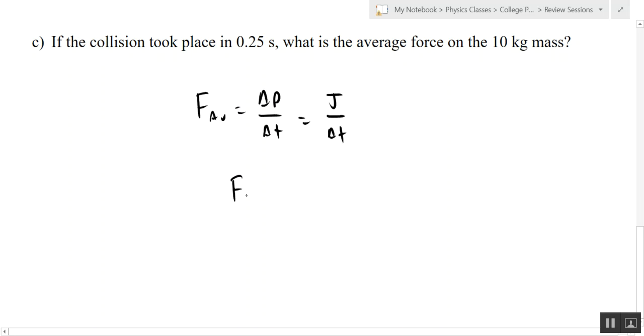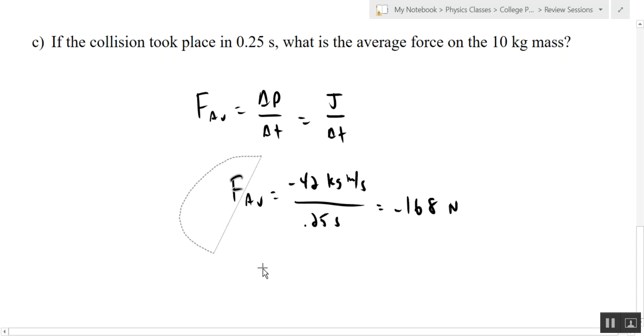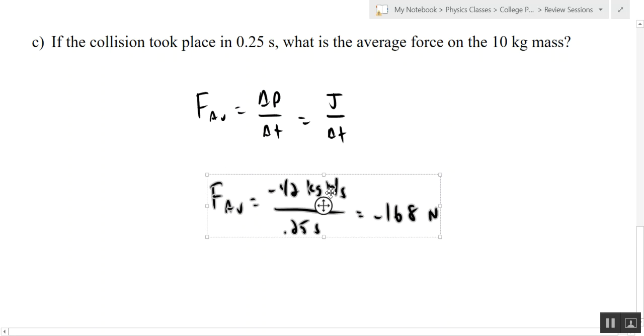So the average force is just minus 42 divided by 0.25, which is negative 168 newtons, which means it's 168 newtons in the negative x direction.